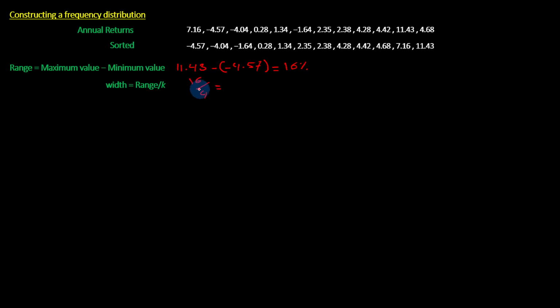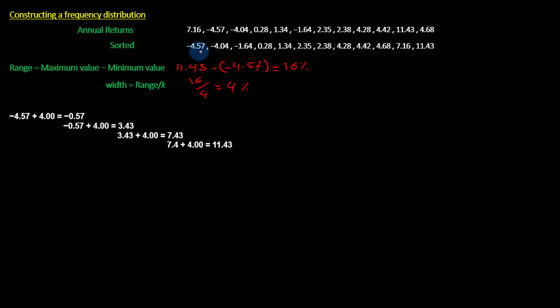That means the width of my intervals is going to be 4%. Now, if I decided to have 8 intervals, then the width of my intervals would be 2%, right? 16 divided by 8.